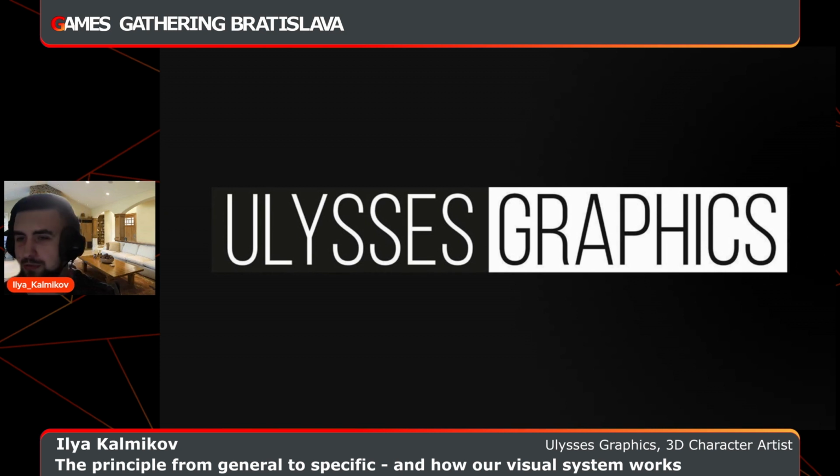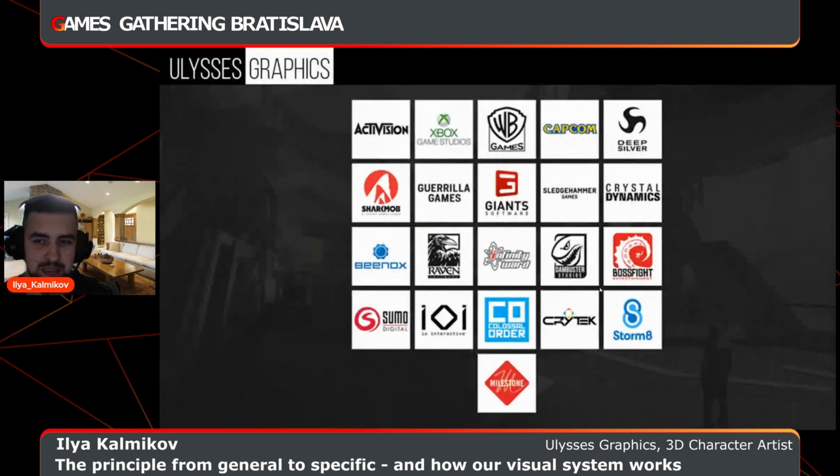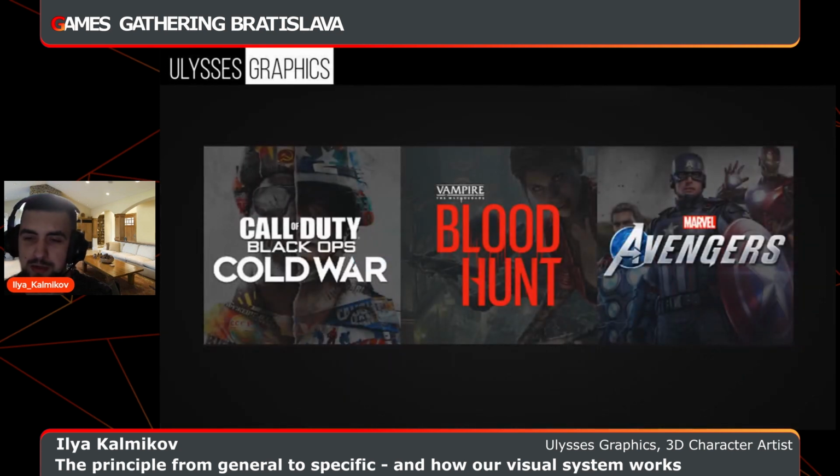As you may know, we are an outsourced company for AAA game content creation. And here is a list of our partners. Among them are Activision, Warner Bros. Games, Sharkmob, Capcom, and others. A lot of cool guys. And there are some projects our character team has worked on that we are allowed to mention to you today.